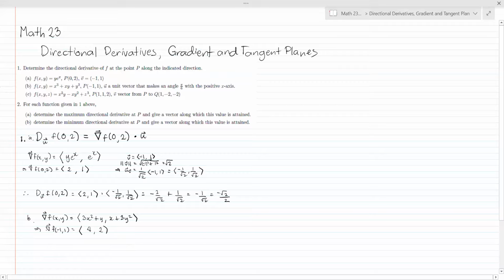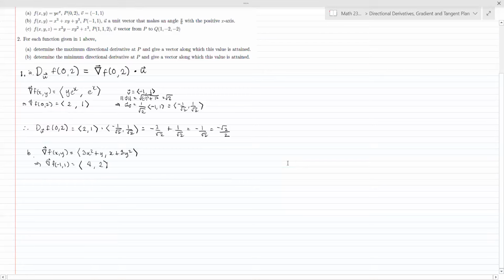And then next, u is a unit vector that makes an angle pi over 6 with the positive x-axis. So how can we get a unit vector that makes an angle pi over 6?